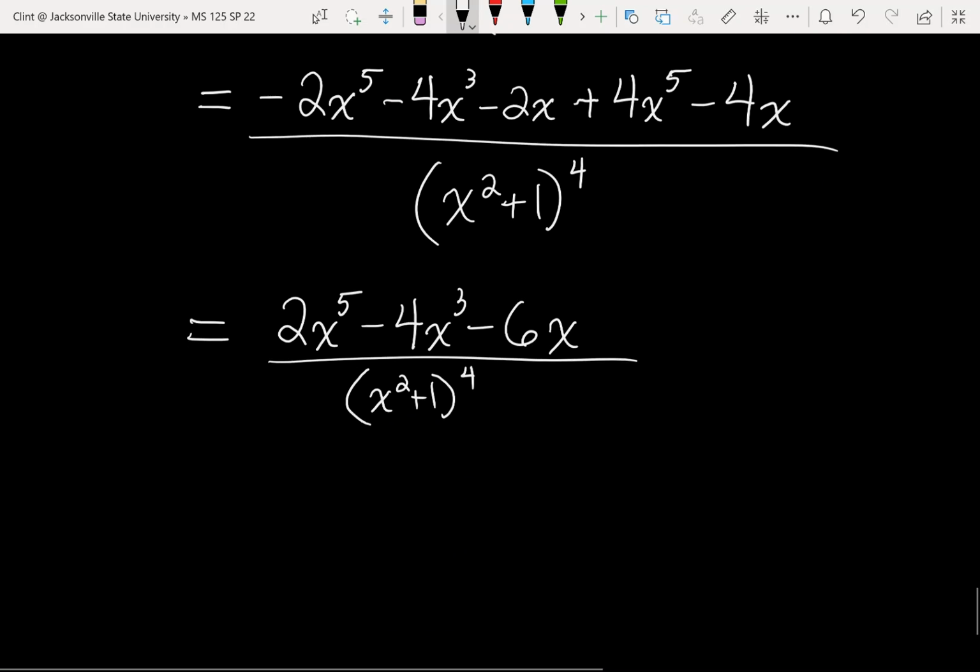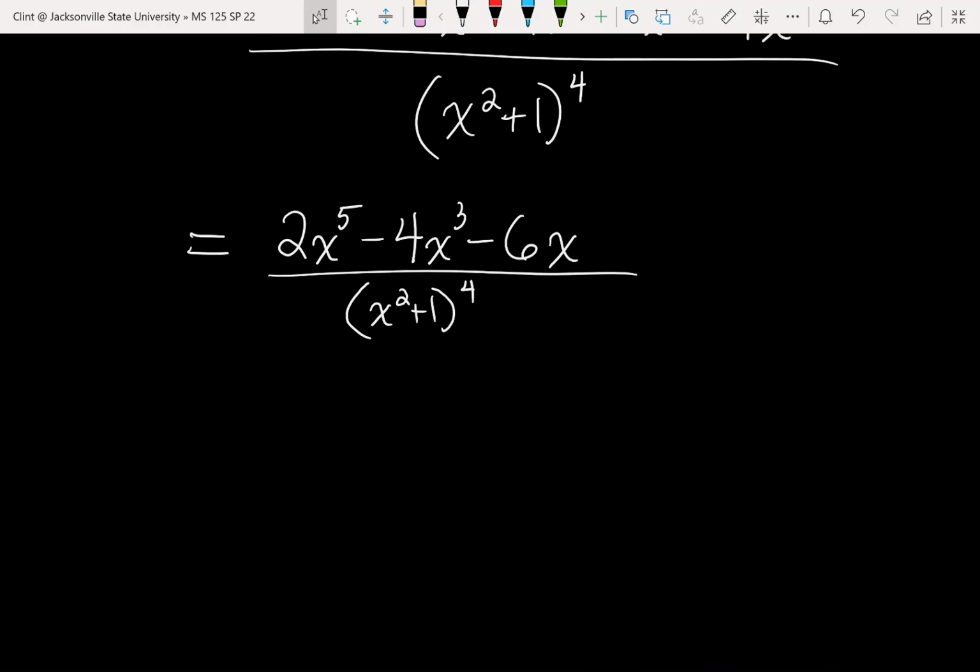All right, that one's uglier than I anticipated on the bottom. It's never 0. On top, one solution's easy. What's one thing that makes the top 0? 0. And the rest, not so pretty, because if we factor out that x, we get a 4th degree.